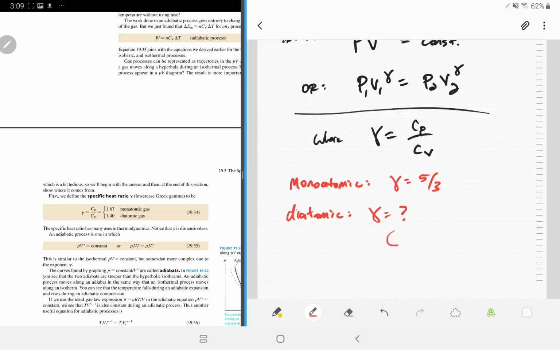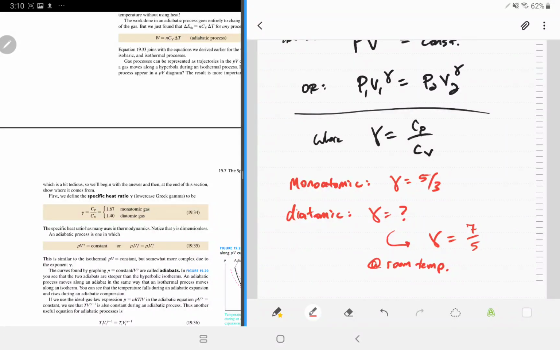At room temperature, gamma for a diatomic gas is going to be the ratio of the values we gave for room temperature. Remember at room temperature, Cv for a diatomic gas was 5/2 R and Cp was 7/2 R. So 7/2 R divided by 5/2 R gives you 7/5, or 1.4.